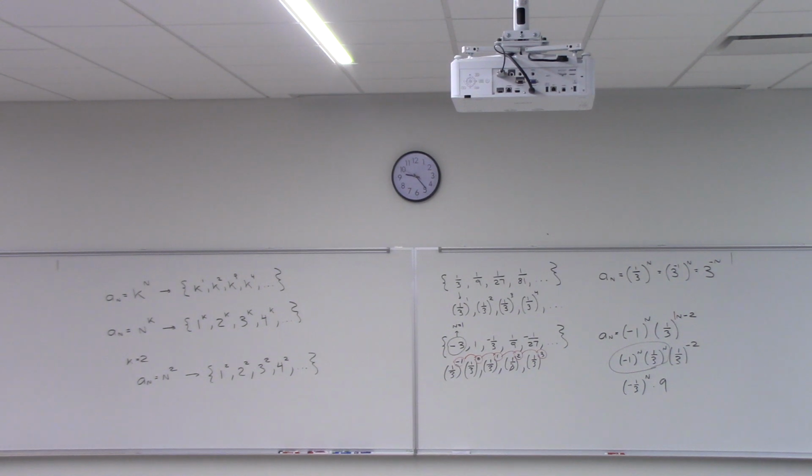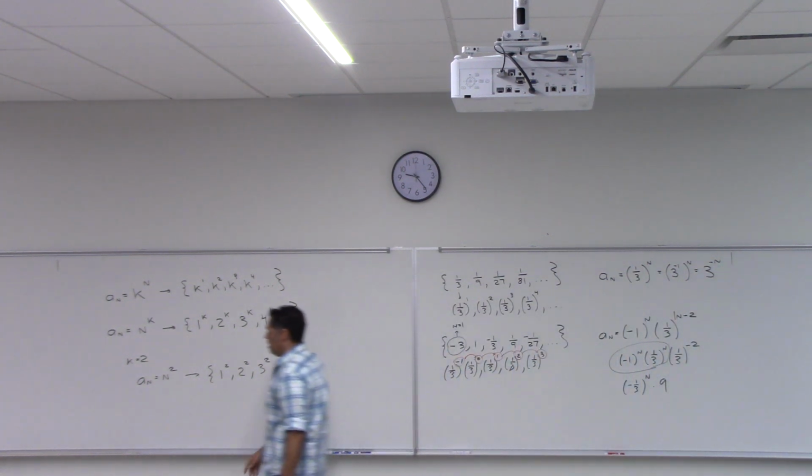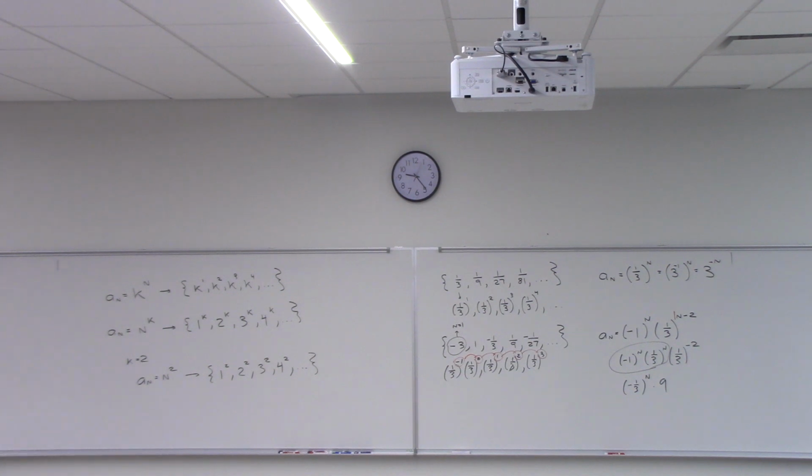So I already talked about alternating sequences, but I want to stress again that anytime you have a sequence and it starts with a negative and then switches negative, positive, then all you need to do is put a -1 to the n out front, and then go figure out what the b sub n is, the thing that creates the numbers.